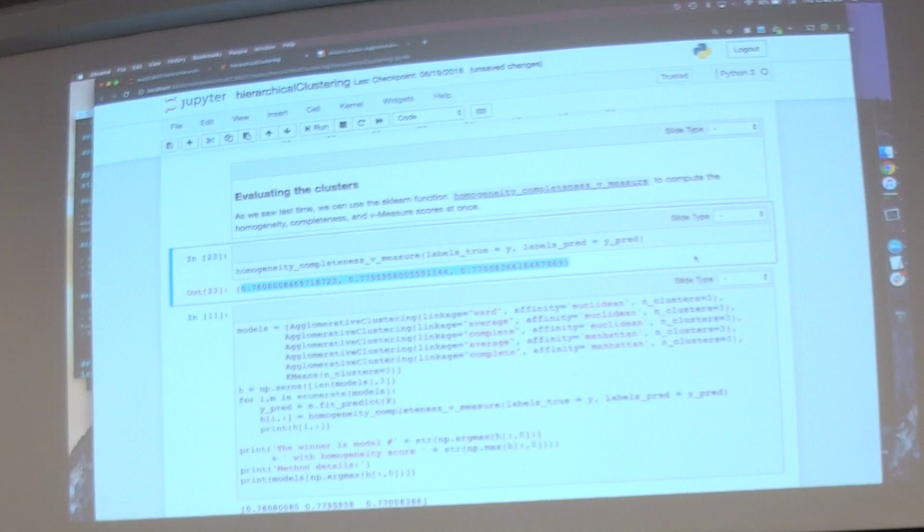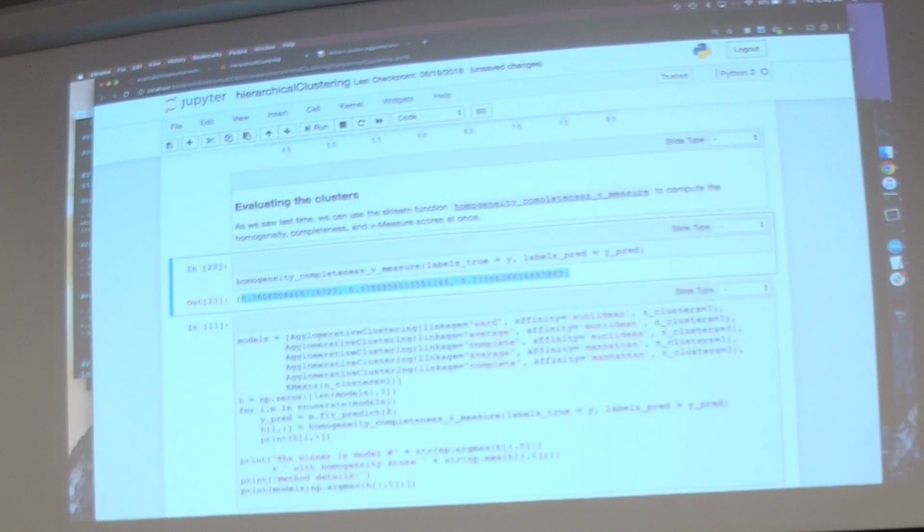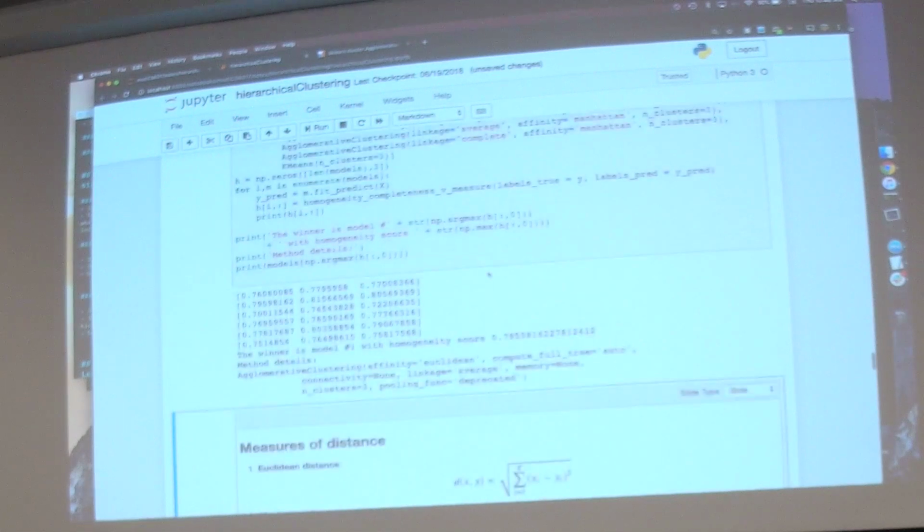If we look at a bunch of different possibilities, we can look at the different linkages: ward, average, complete, and Euclidean distance or Manhattan distance, so the Pythagorean theorem or the absolute value way of measuring distance, versus just k-means with 3. We can compare all these various models and see how they do. They range in accuracy a little bit.